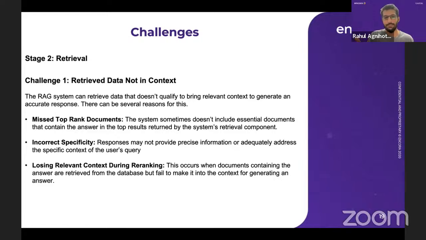So in the first case, you may completely miss information at the retrieval stage. In the second case, you may partially miss information. And then there could be cases where you retrieve the information, but then you do something called re-ranking. I'll talk about re-ranking maybe later. And you do re-ranking and completely jumble the whole context, and then the input to the model does not make sense, and so the model will never generate a correct output.